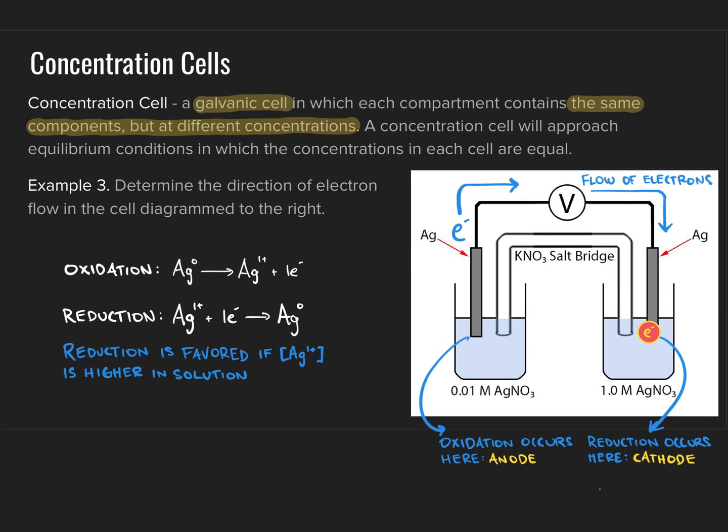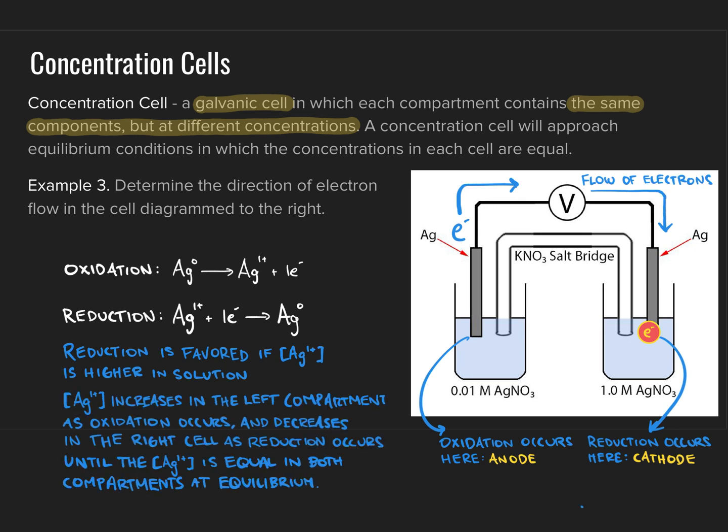And note as we do so, we are increasing the concentration of silver ions within the left-hand half cell and decreasing the concentration of silver ions in the right-hand half cell. The left-hand cell will see the initial 0.01 molar silver ion concentration increasing over time, and the right-hand cell will see the initial 1.0 molar silver ion concentration decreasing over time.